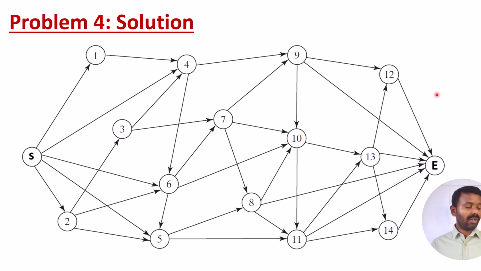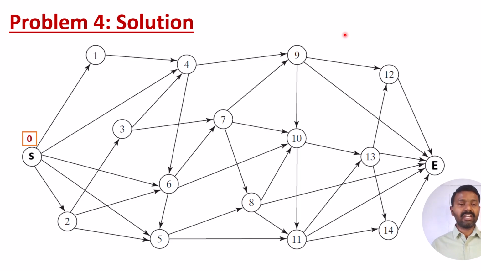Instead, we can calculate the maximum duration at each node, and then we can easily calculate the maximum duration and identify the critical path. Let us first start with S.